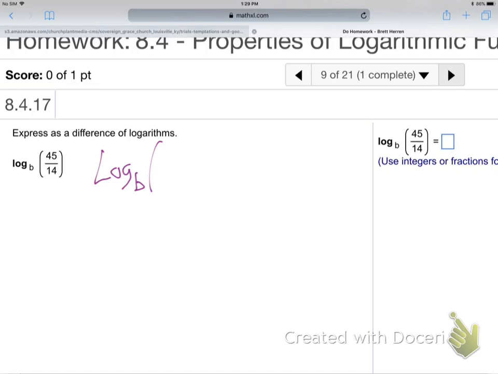So log base B, 45 over 14. What do they want me to do on this one? Which one of our properties has a fraction? Property number 2. So dividing for 1 log comes down a level and becomes simple subtraction for 2 logs, doesn't it?